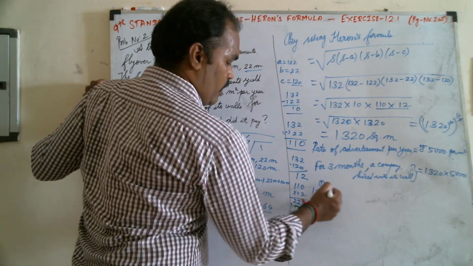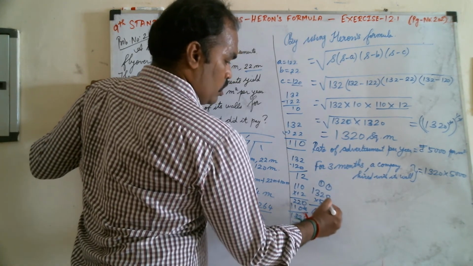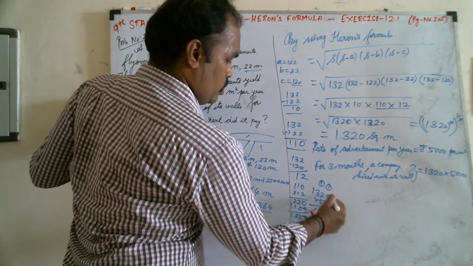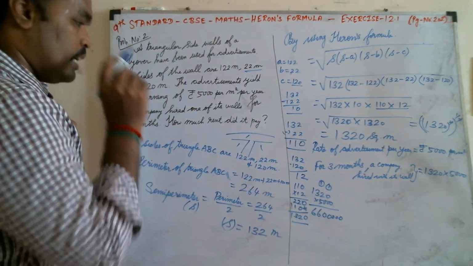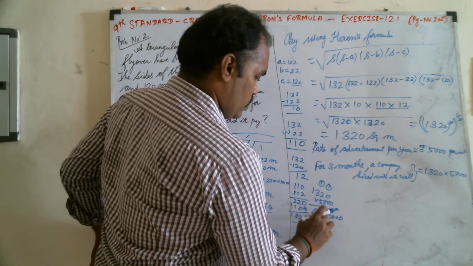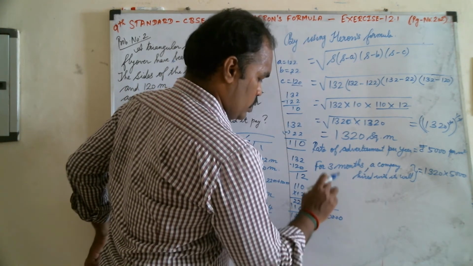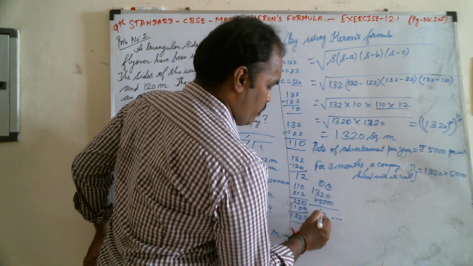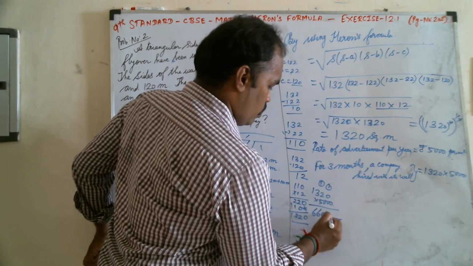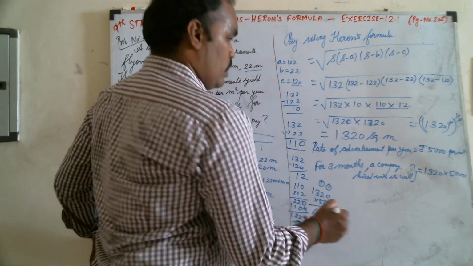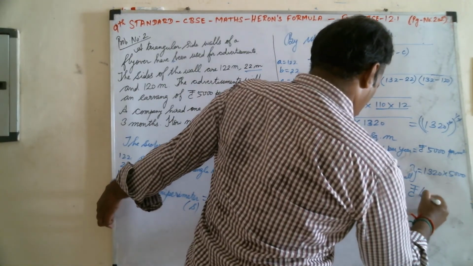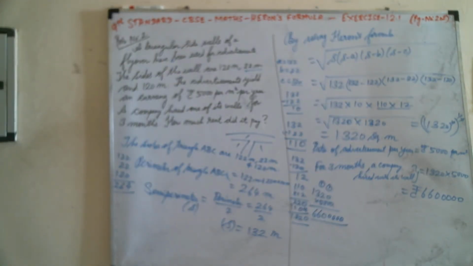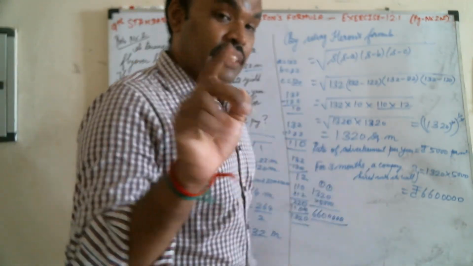Balance 1. 5 1s are 5, 5 plus 1, 6. Then 4 zeros. So the cost is 660000.